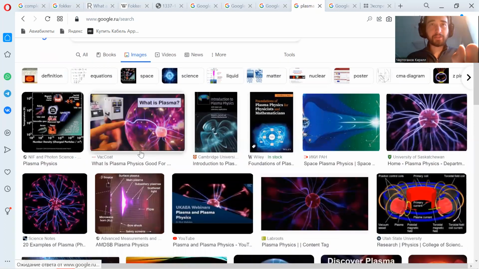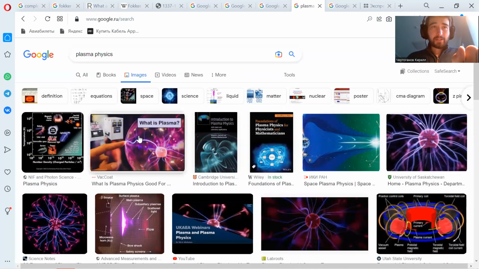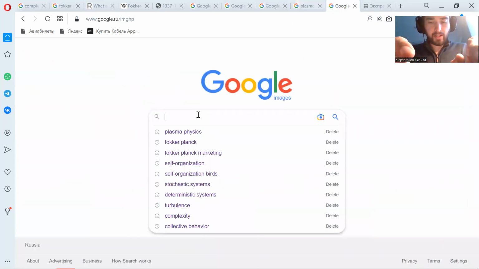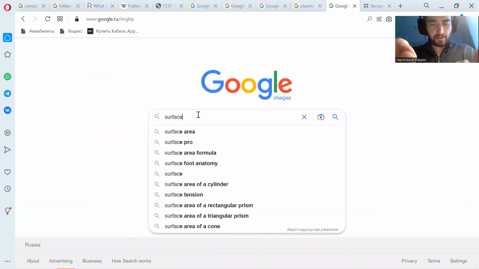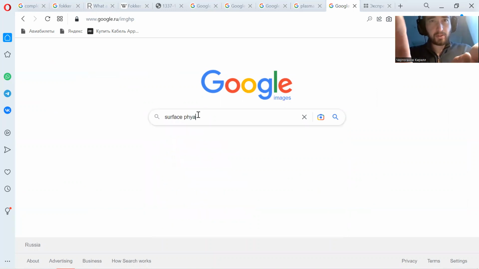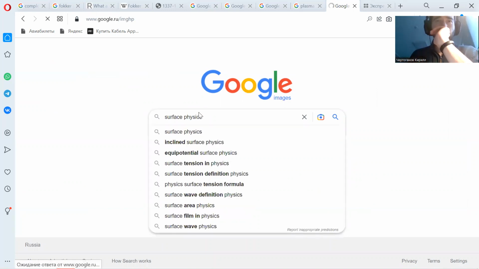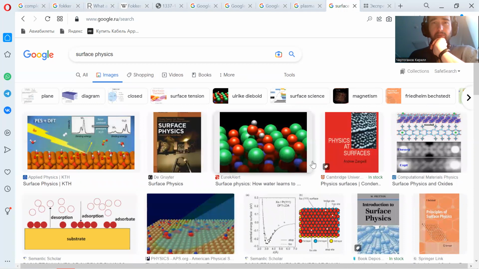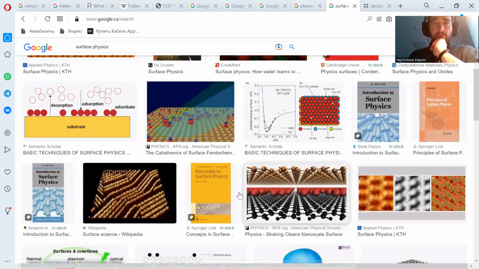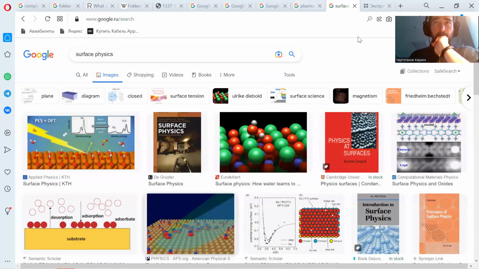It's very interesting how this works inside, right? Also, some examples about surface physics. Some examples we can find in this field.